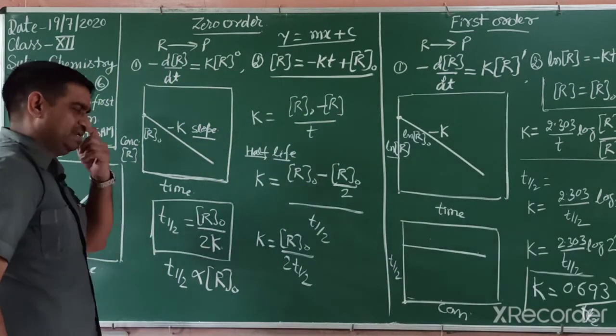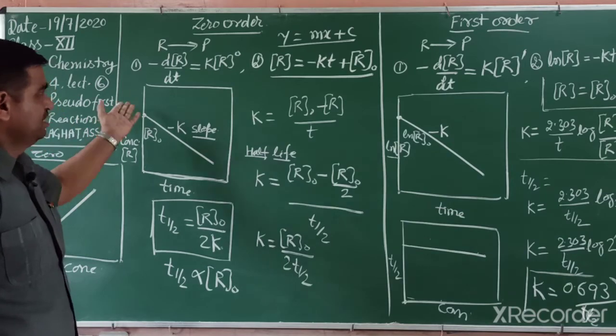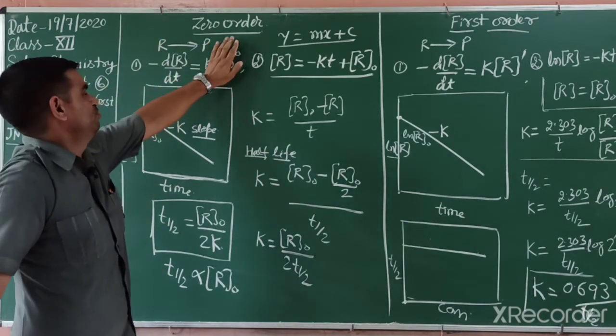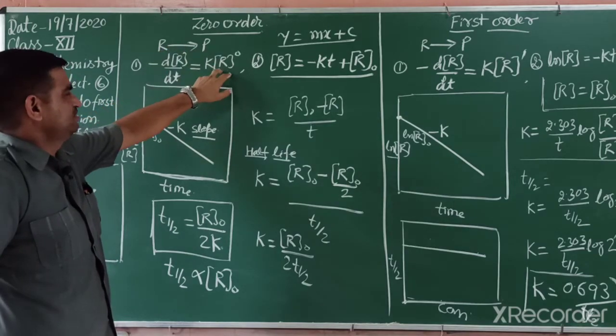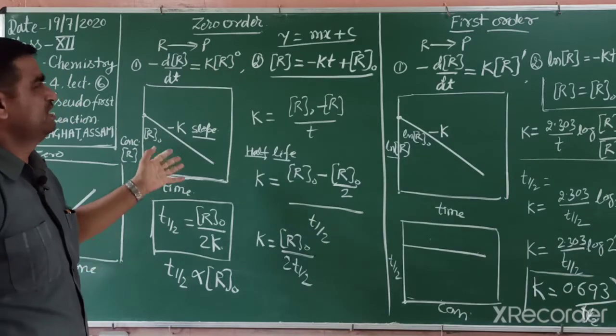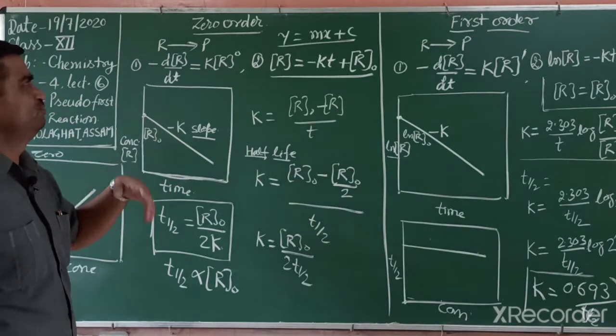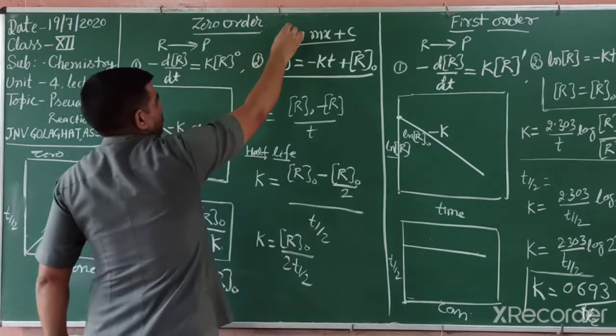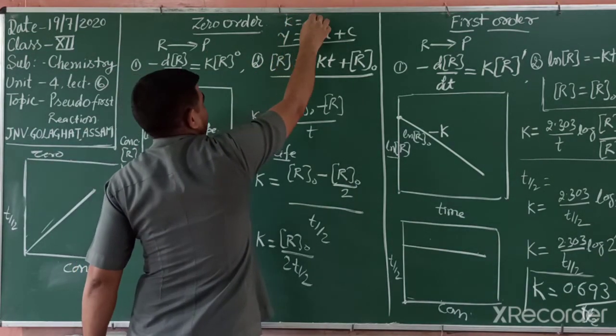These are some examples. You can also explain that if R naught is equal to 0, then the rate of reaction is known as the rate constant. By the unit of the rate constant we can also identify the order of reaction. For zero order, what is the rate constant unit?